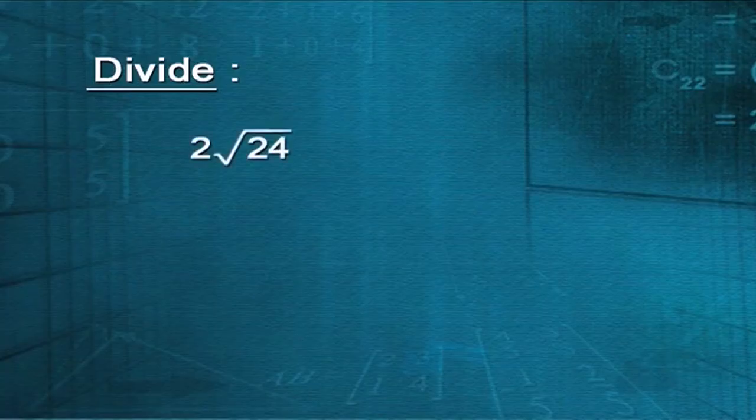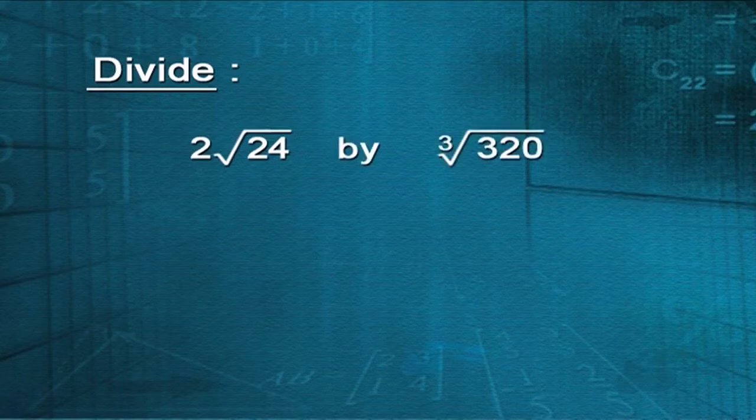Divide 2 under root 24 by cube root of 320. Now here we have two surds. In root 24, the order of the surd is 2, and in cube root of 320, the order of the surd is 3.